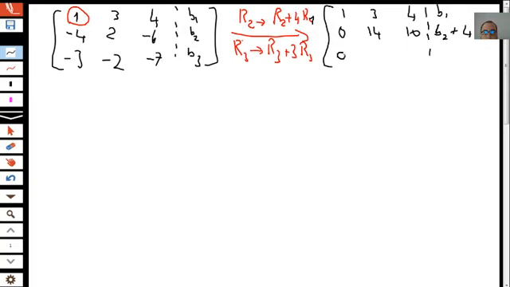Then 0, 9 minus 2 is 7, and 12 minus 7 is 5, and b3 plus 3b1.